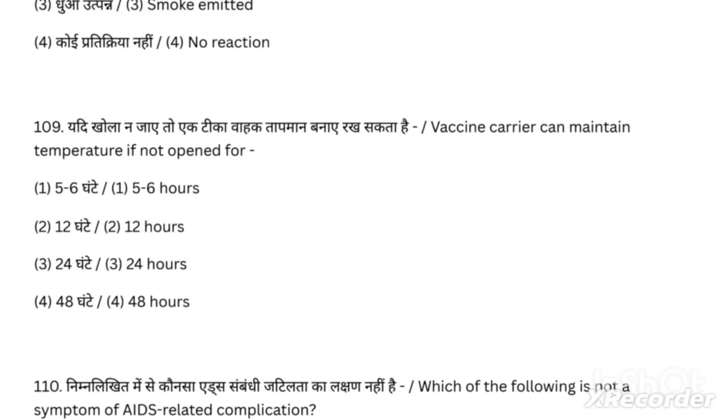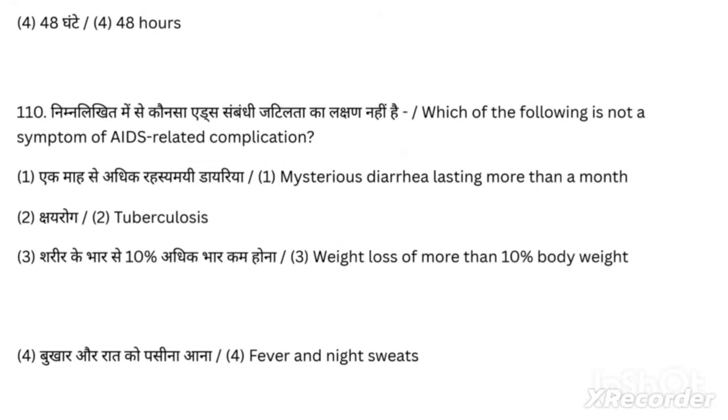Next question is, which of the following is not a symptom of AIDS related complication? Talking about AIDS related complications: chronic diarrhea, weight loss, fever and night sweats. Diarrhea lasting more than a month is a symptom of AIDS.